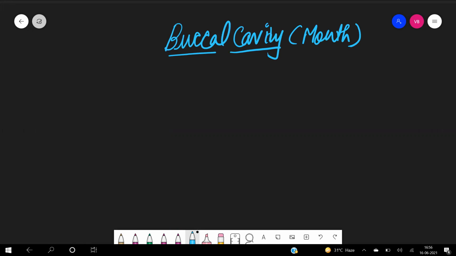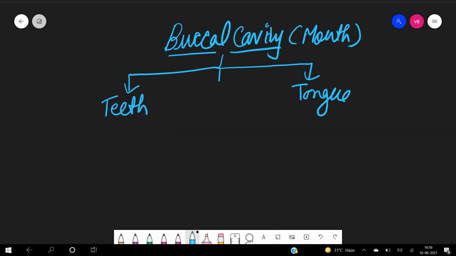Inside the mouth, if we look, it contains teeth, tongue, and of course one very special gland which is known as the salivary gland. As I told you, whatever organs are present inside the human body, they have their own function. So let us discuss teeth in detail.